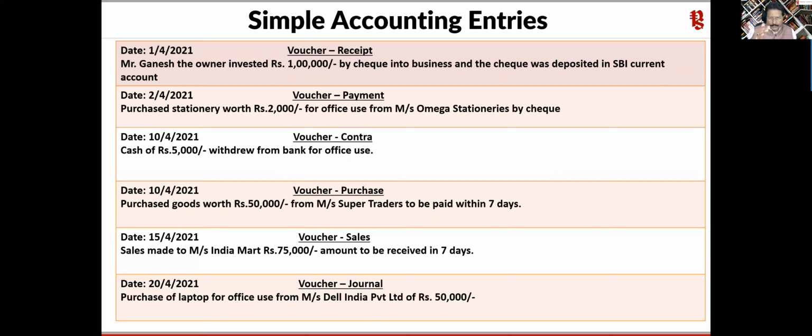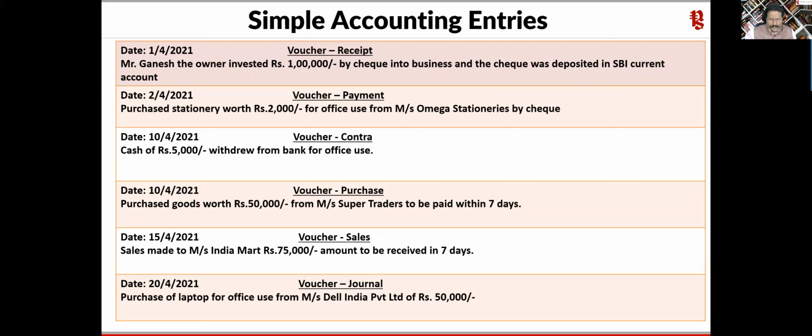These are the sample transactions. I will also take an image of this and share it with all of you. You can see these transactions in the description box, so that if you want to practice, you can use these transactions for practice purposes.